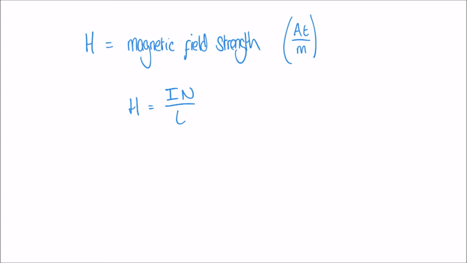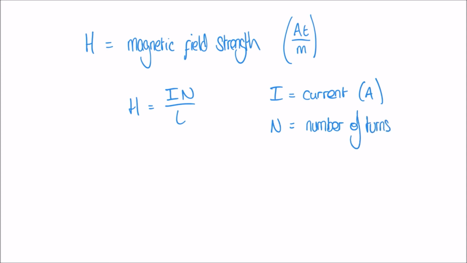Now in this case, I is the current carried by the solenoid, the coil, and we measure that in amps. N is the number of turns of the coil. And finally, L is something called the length of the flux path.